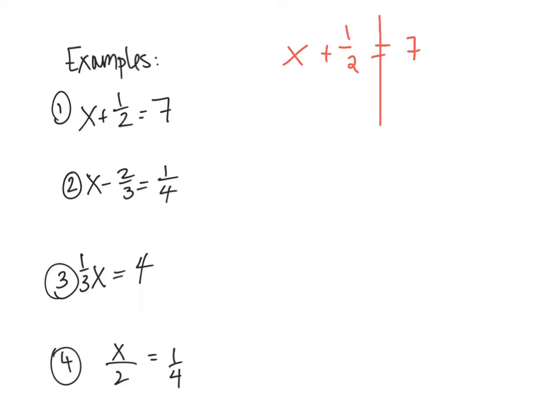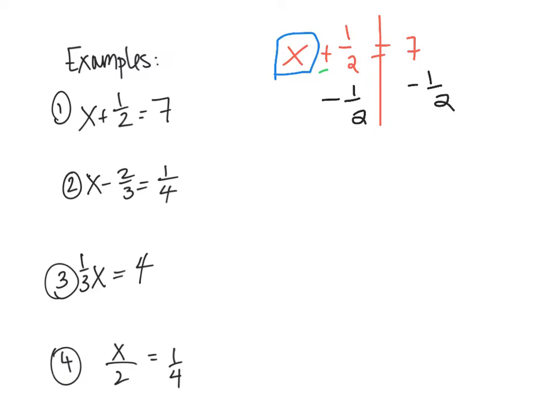Again, these are fairly easy now, but the more complex the equations get, the more you're going to want this structure. So my goal is to, again, isolate x, and in order to do that, I need to use the inverse operation, and I see addition, so the inverse operation of the opposite is subtraction. So I need to subtract 1/2 from both sides.